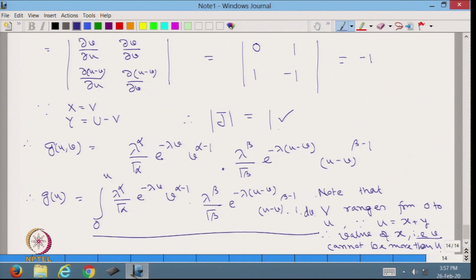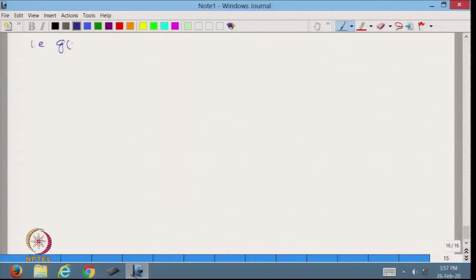Therefore, this is the integration that we have to carry out. That is, g of u is equal to, now we take out lambda power alpha plus beta upon gamma alpha gamma beta, and we take out e to the power minus lambda u as that is independent of v.